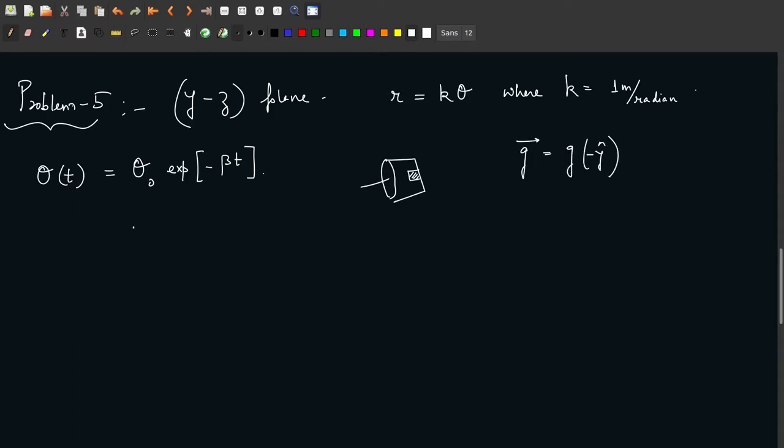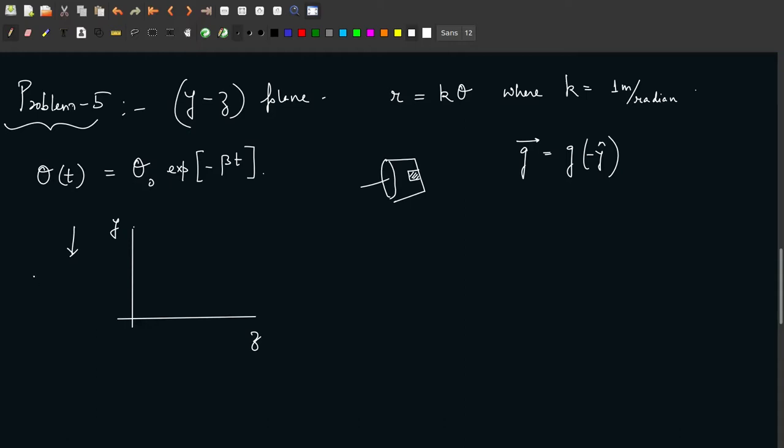So this is your YZ plane. Let me draw the YZ plane here, and your acceleration due to gravity points along this direction. The friction coefficient between the surface of the bucket and the block is mu.